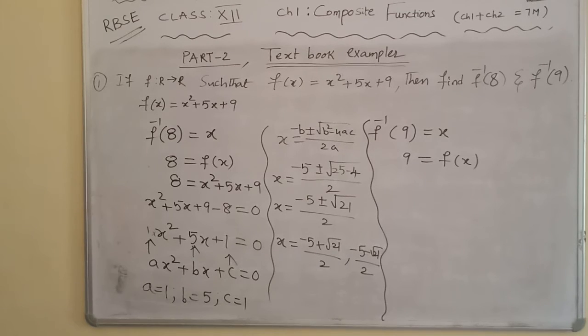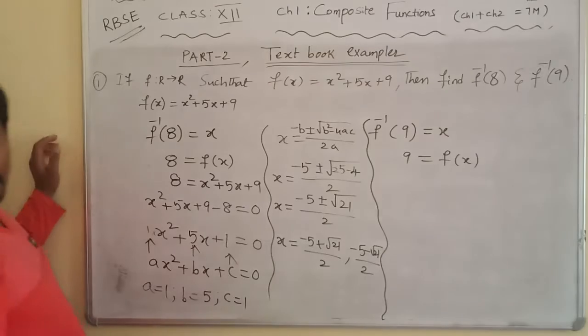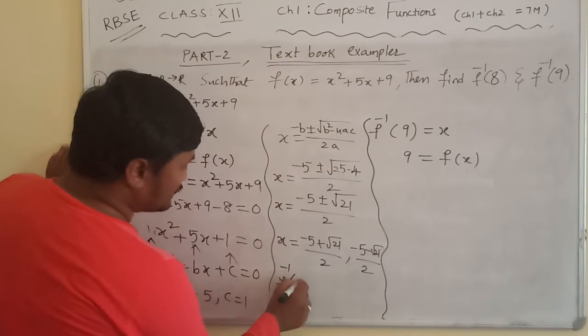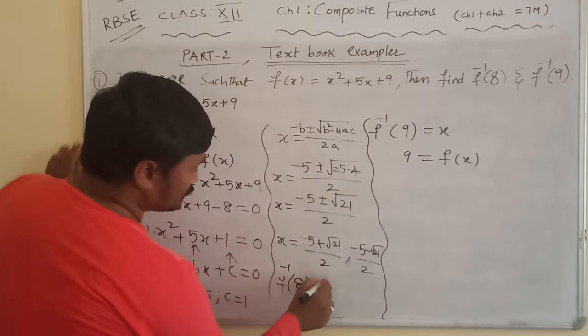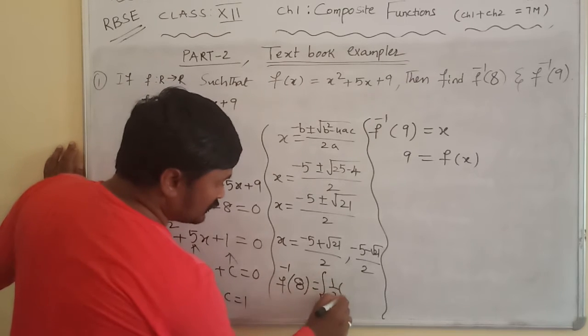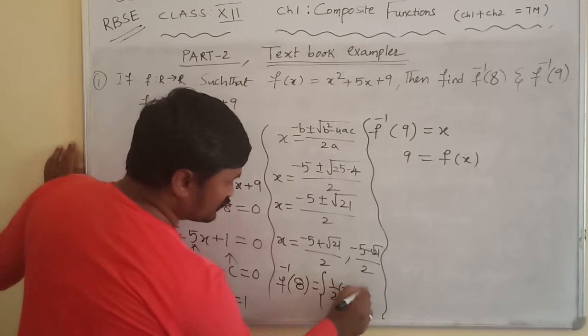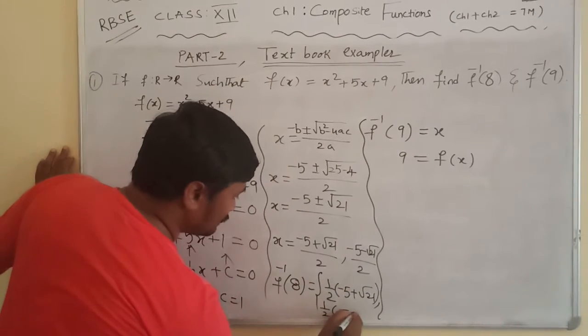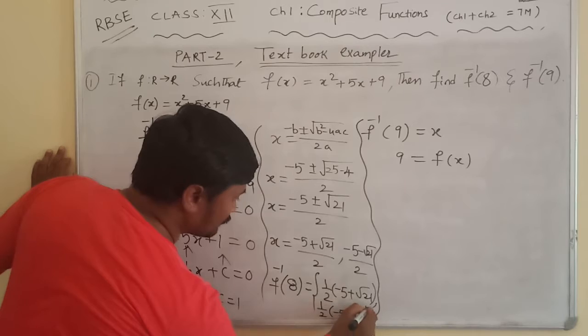What is your f inverse of 8? f inverse of 8 is equal to half of minus 5 plus root 21, comma, half of minus 5 minus root 21.